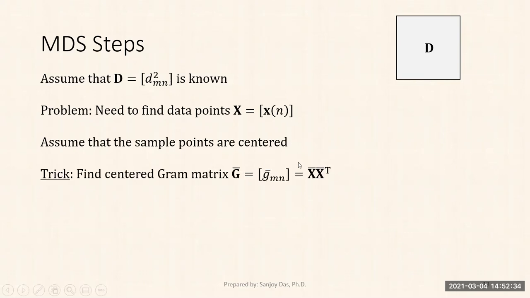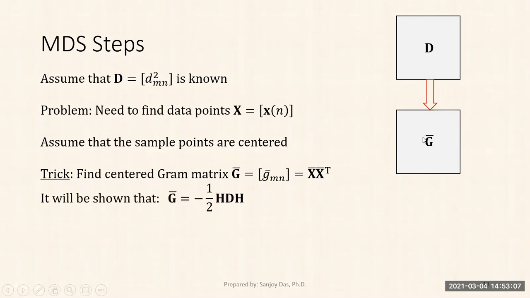What do we do? The trick is to first find the centered Gram matrix, which is X bar transpose X bar. The first step is to find the Gram matrix. Assuming that the sample points are centered, this is equal to G bar, which is X bar transpose X bar. So from the squared distance matrix, we'll get this Gram matrix.